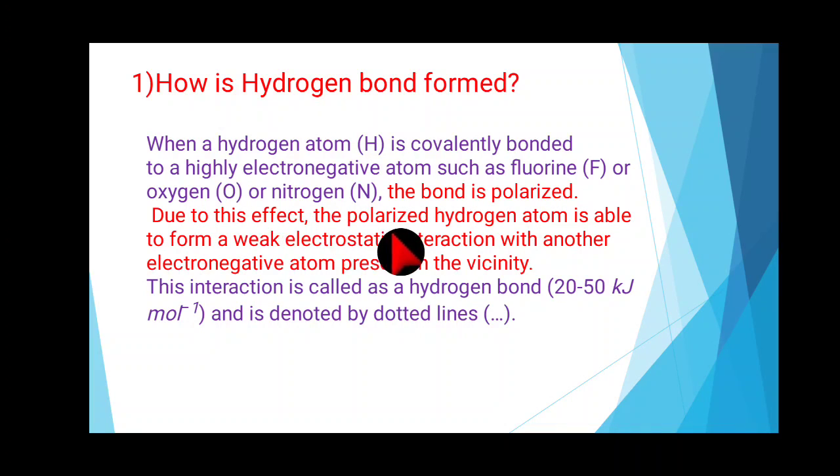Due to this effect, the polarized hydrogen atom is able to form a weak electrostatic interaction with another electronegative atom present in the vicinity. Vicinity means near. The hydrogen is bonded with the electronegative atom.